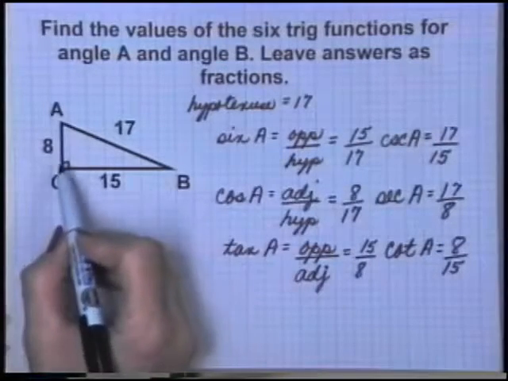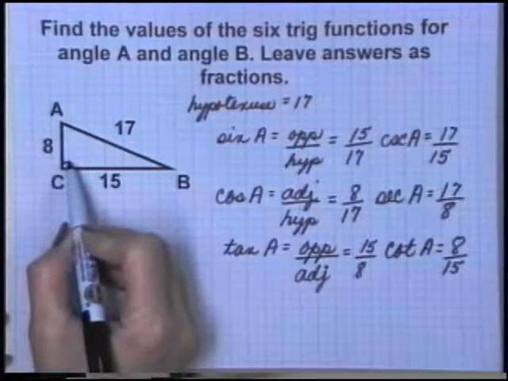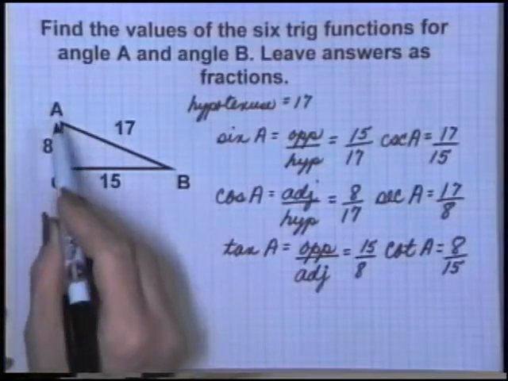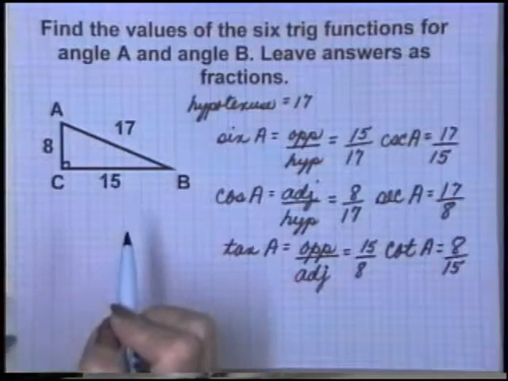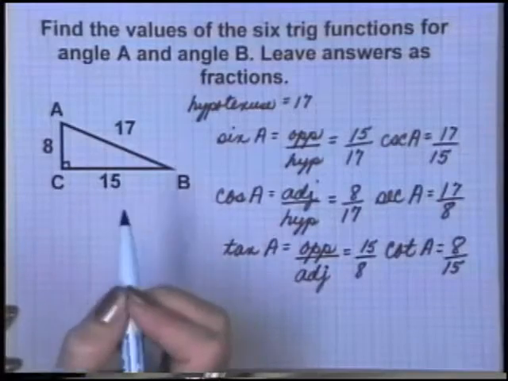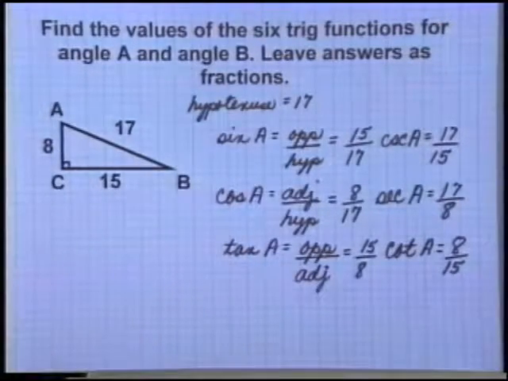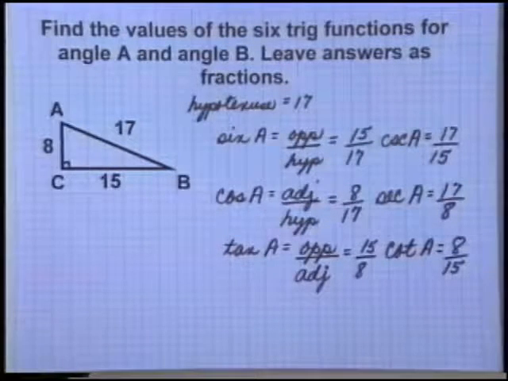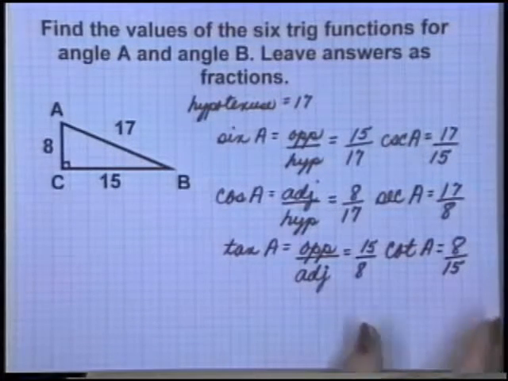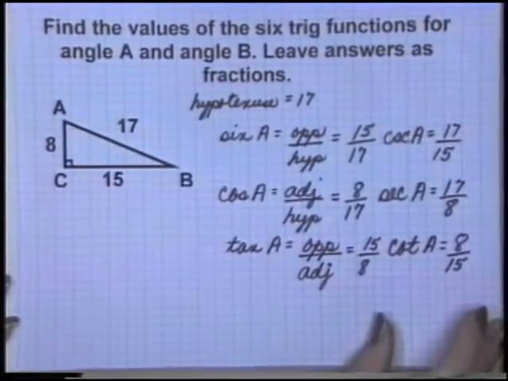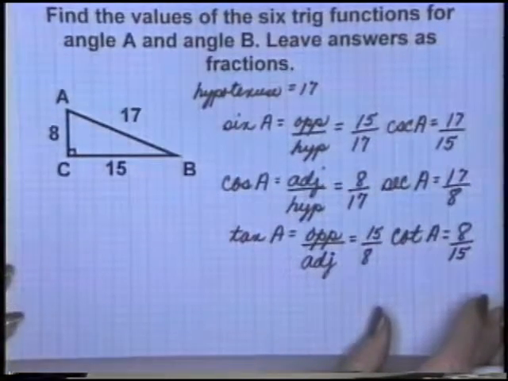For any right triangle, because the right angle takes up 90 degrees, and because the sum of all 3 angles in a triangle has to be 180 degrees, that means that angle A plus angle B has to equal 90 degrees, which means that they are complementary. So keep in mind that angle A and angle B are complementary, and now let's find the 6 trig functions for angle B.